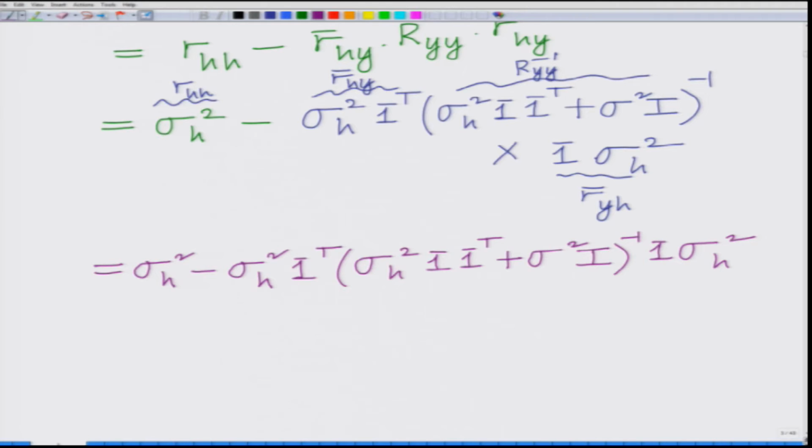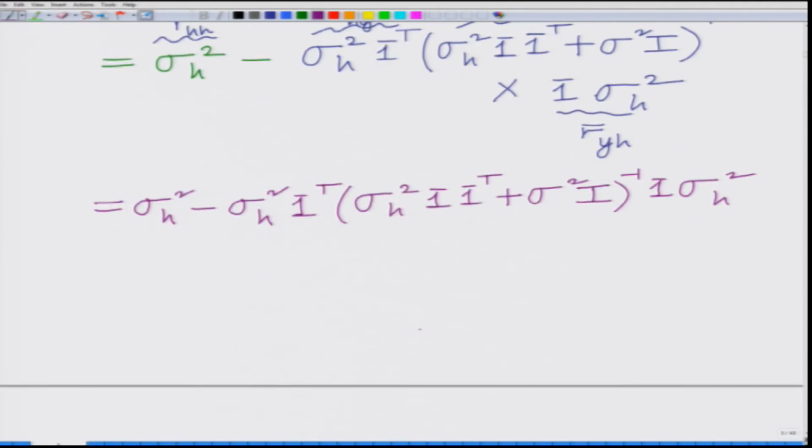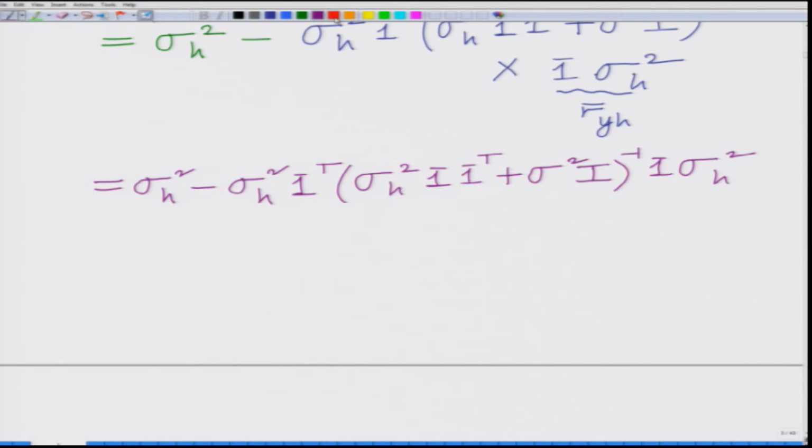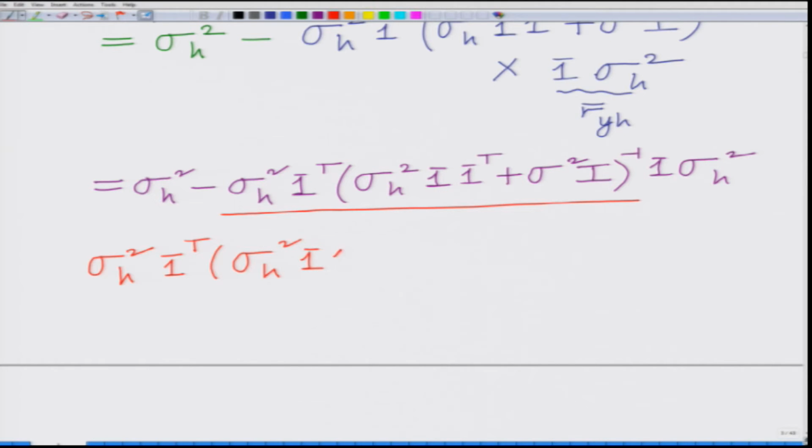Now what we want to do is simplify this expression for the MSE further, and to do so we are going to use a result that we have already seen before. You can refer to the lecture on estimation in the wireless sensor network, that is sigma_h square 1 bar transpose times the inverse of (sigma_h square 1 bar 1 bar transpose plus sigma square identity).